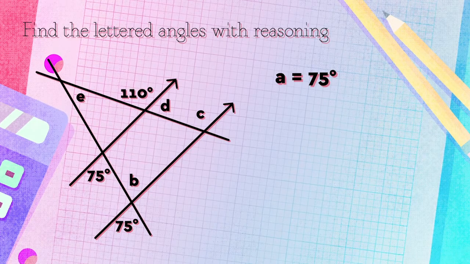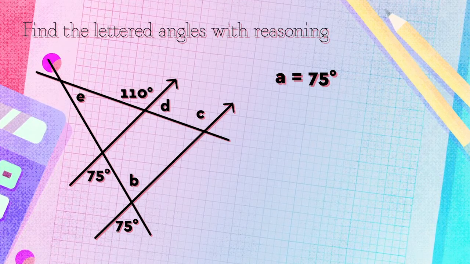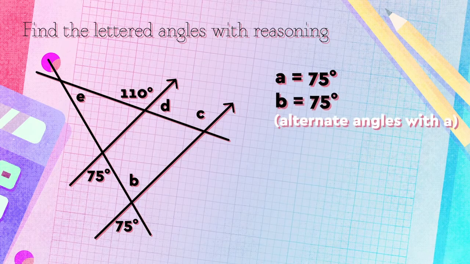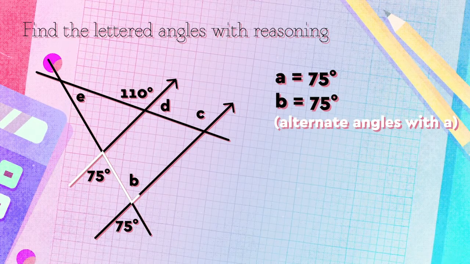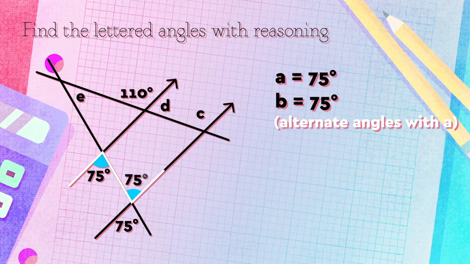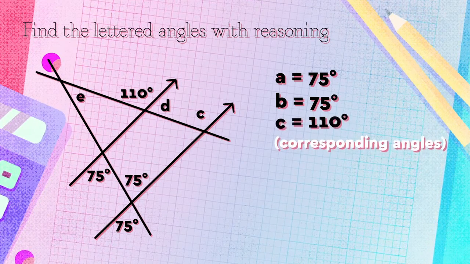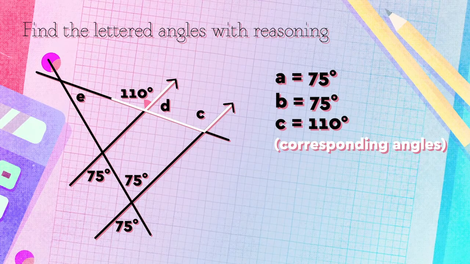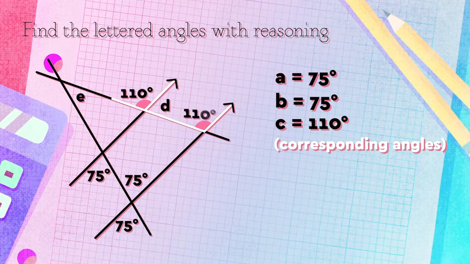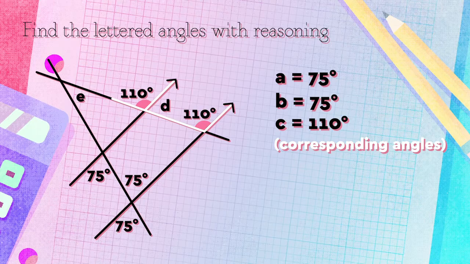Having found A is 75, angle B is also 75 degrees. Again, we can see the Z shape, and our reason is alternate angles are equal. Angle C is 100 degrees, an upside down F shape, and our reason is corresponding angles are equal.